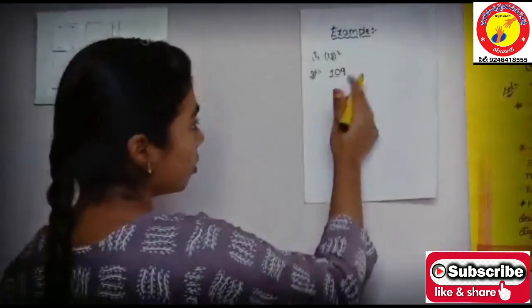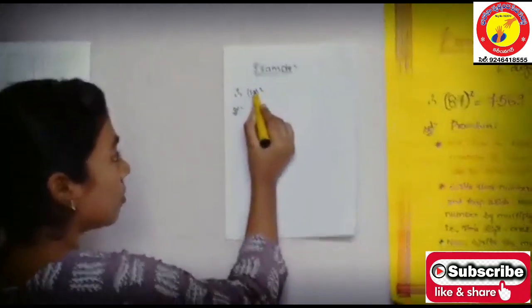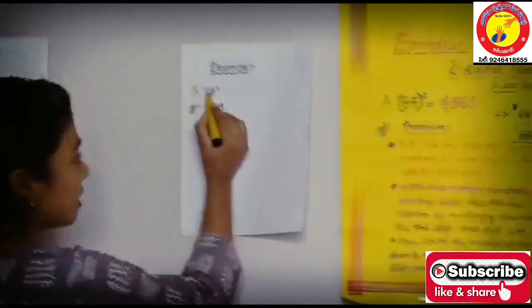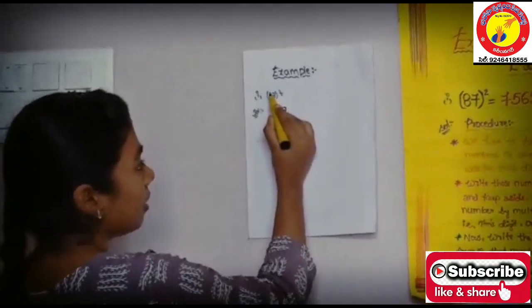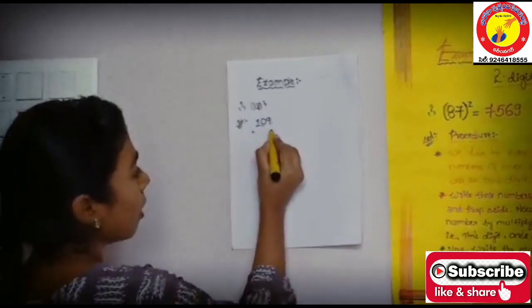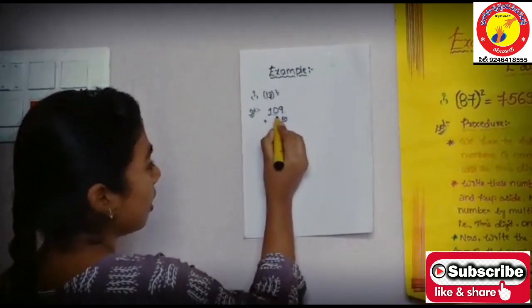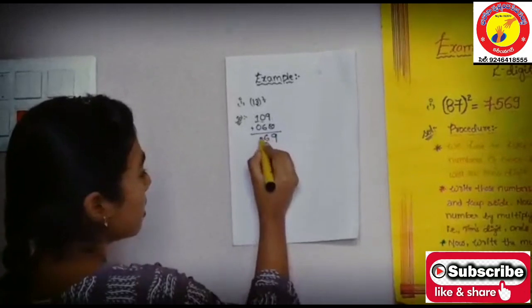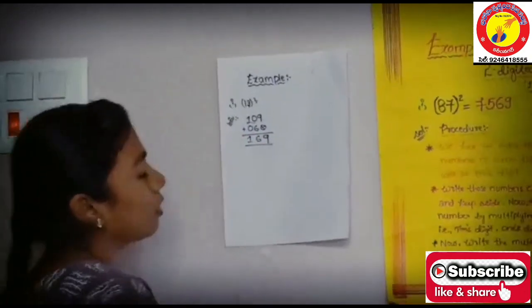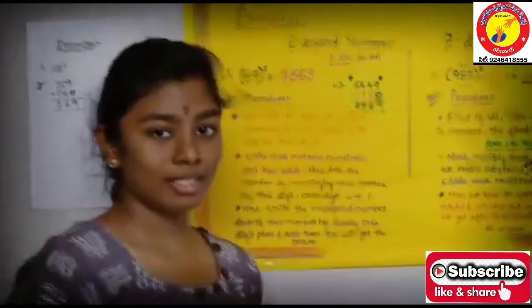In this problem I am doing here, the next step is we have to multiply the three numbers: ones digit number, tens digit number with 2. 3 ones are 3, 3 twos are 6. So we have to denote like this, 6. If we add the numbers, we get 169. Therefore the value of 13 square is 169.